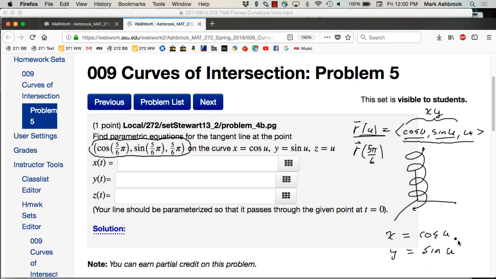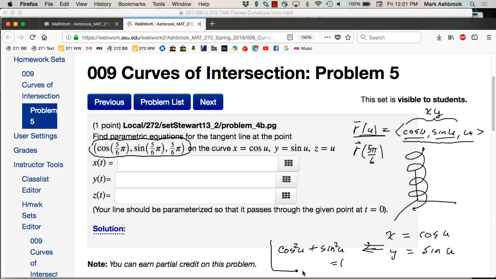The key fact that gets you from these vector functions to a surface, if it's an ellipse or a circle, is going to be what? Cosine squared u plus sine squared u equals 1.